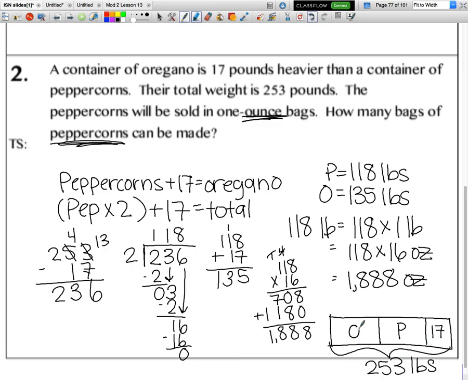So it takes 2 oreganos to make 253. So, peppercorns plus 17.